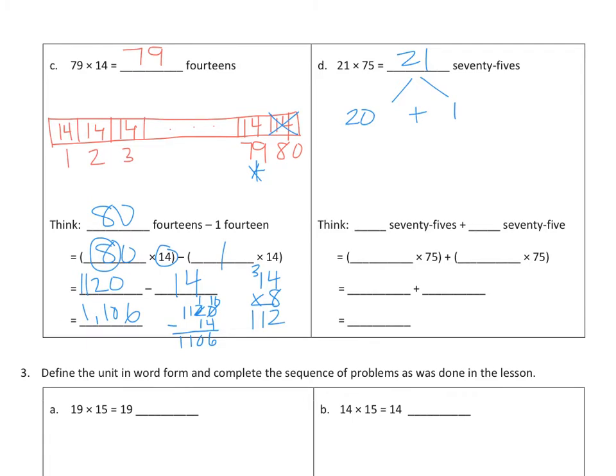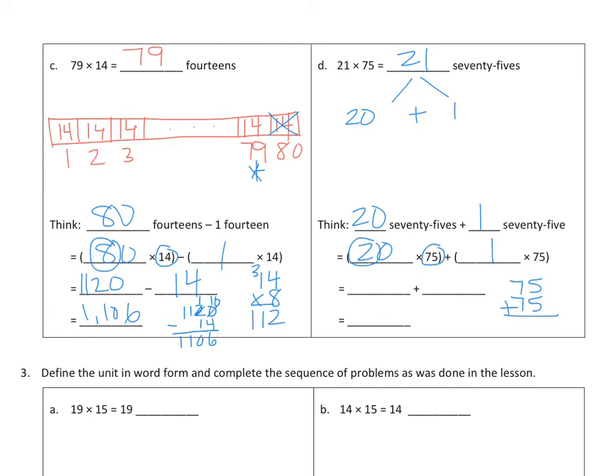So how many 75s do we have first? We're going to have 20 75s, and then we're going to add one more 75 to get the final answer. 20 75s is 20 times 75. 1 75 is 1 times 75. 2 times 75, some of you know it, some of you might not know it. So you have two choices. You could add it together like this, or you can multiply it by 2.